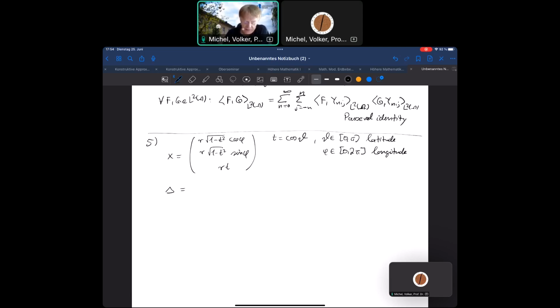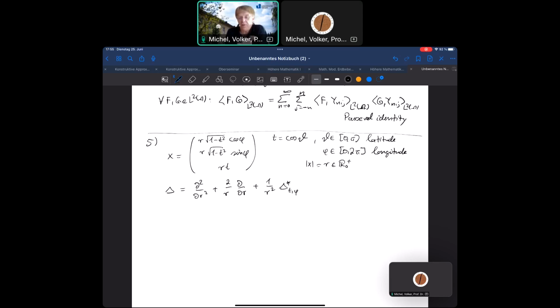So if r is not 0, I could say that r is in R0 plus, and that's certainly the Euclidean norm of x. So the representation of the Laplace operator in polar coordinates is d2 by dr square plus 2 over r d by dr plus 1 over r square times an operator which only acts on the angles, I will write just indices t and phi.